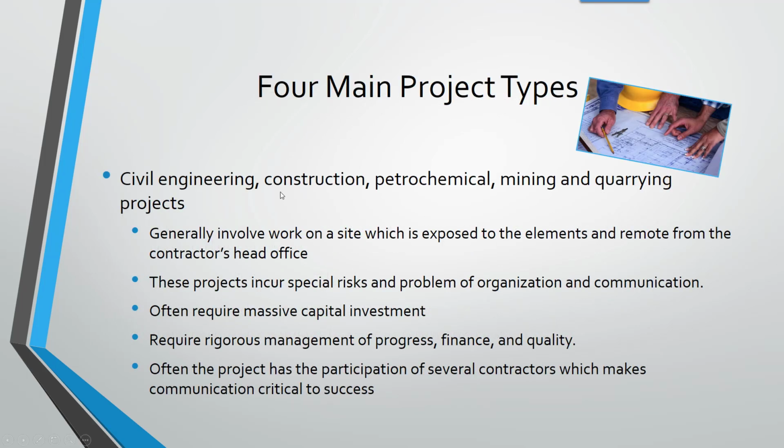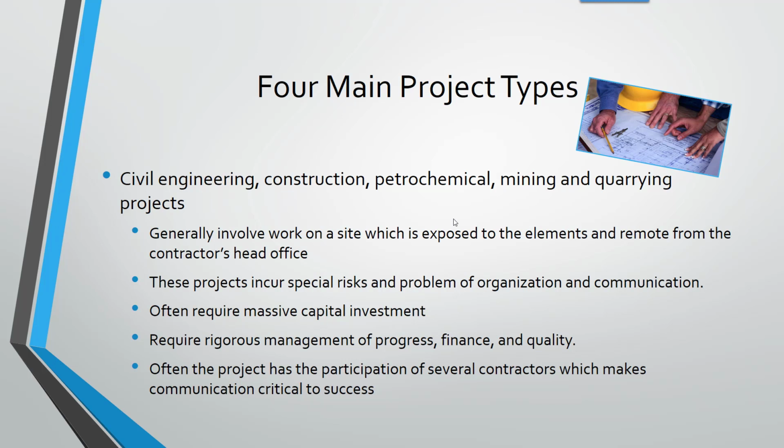Okay. So there's really like four main project types, and one of them is that civil engineering construction type of thing. And so it lumps in civil engineering, construction, petrochemical, mining, and quarrying projects, because those all have the same type of elements to them.